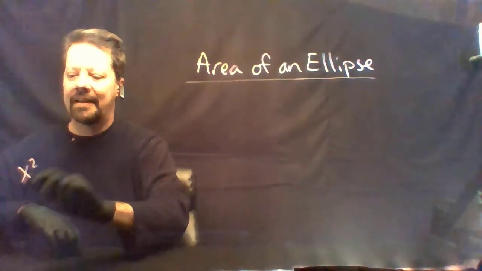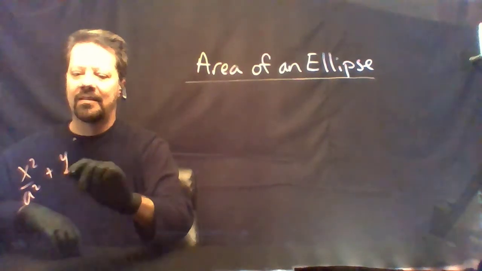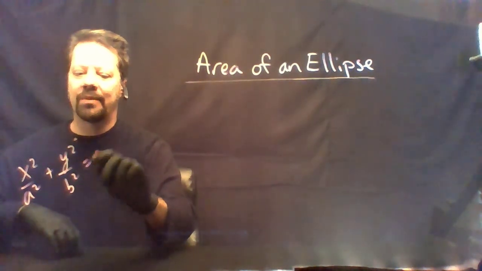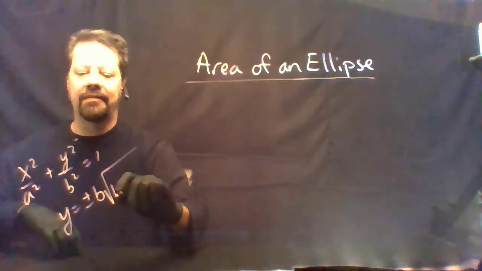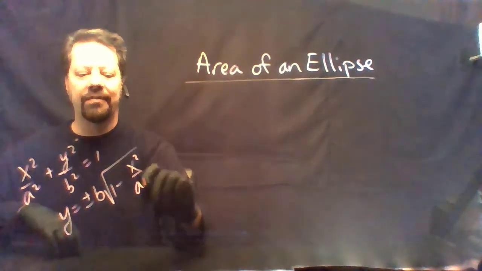Well, if x squared over a squared plus y squared over b squared is equal to 1, then y is plus or minus b times the square root of 1 minus x squared over a squared.